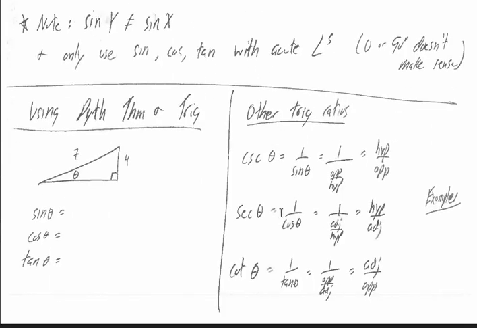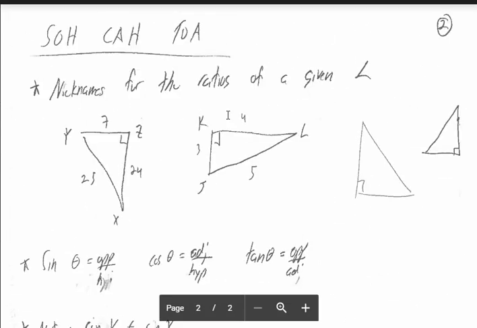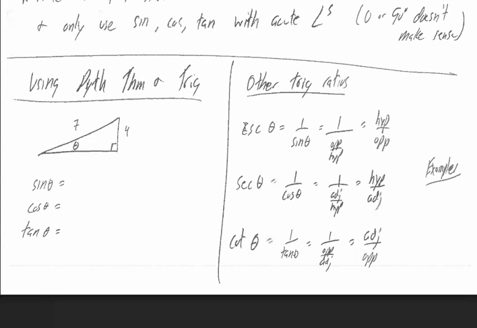Also, for the purposes of full disclosure, there are other trig ratios, six all together: sine, cosine, and tangent, which are those nicknames for those ratios, but then there's also cosecant, secant, and cotangent. Sometimes these are called the reciprocal identities because cosecant is the reciprocal of sine, so it's 1/sine. Secant is 1/cosine.